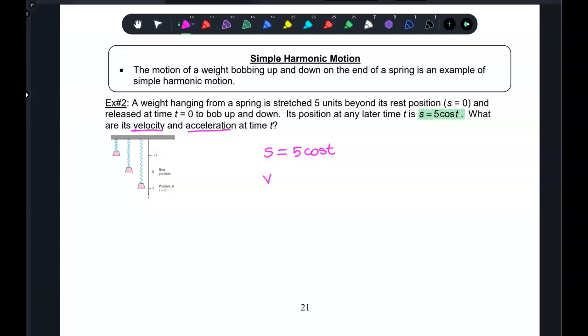So velocity is going to be, okay, the 5 is just a coefficient. That's a constant multiple, so we don't really do anything with the 5. Just take the derivative of cosine, negative sine. So negative 5 sine t.